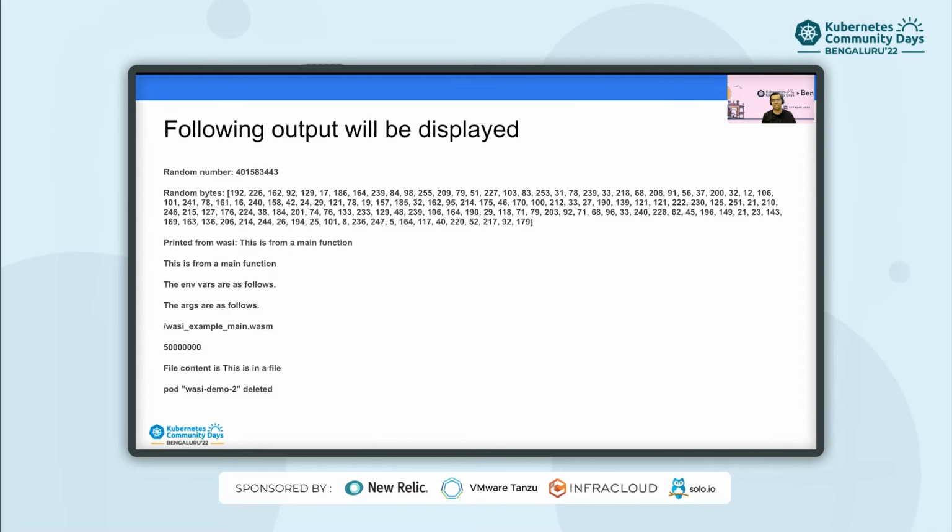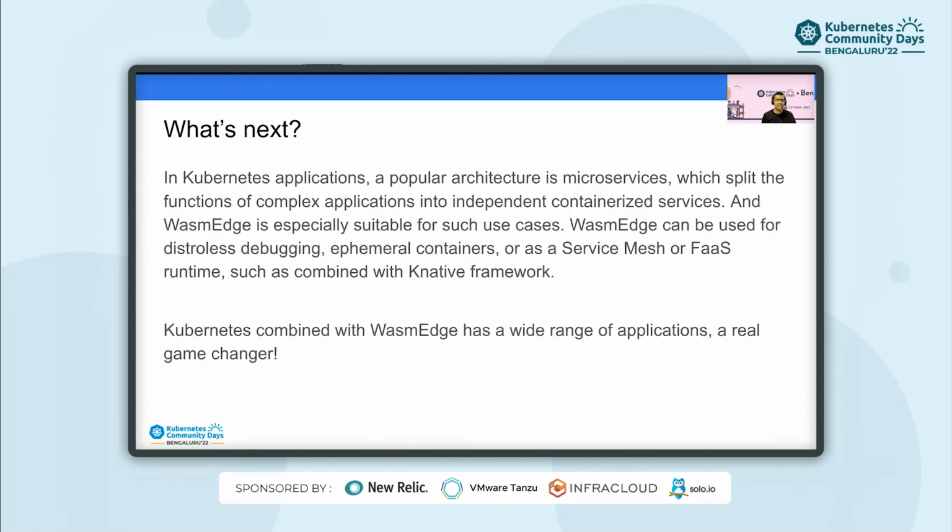Once it has successfully done that, you should be able to see the following output, where we are running the WASI example .wasm file, and we see the file content as well. And that way we're able to actually run our WebAssembly application inside of a Kubernetes pod, inside of a Kubernetes container. So what's next, right?